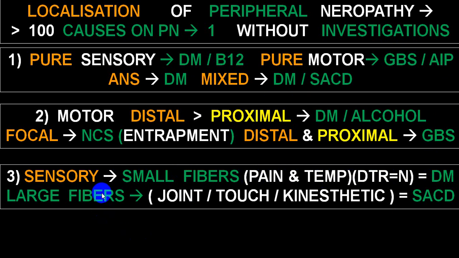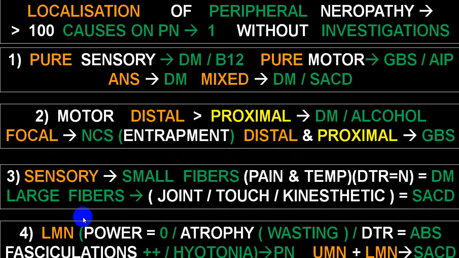Now if large fibers are involved, meaning the posterior column is involved, Romberg sign positive, with involvement of motor fibers, suspect subacute combined degeneration. And if even only the posterior column is involved, then also keep the first differential diagnosis as subacute combined degeneration, because of B12 deficiency.